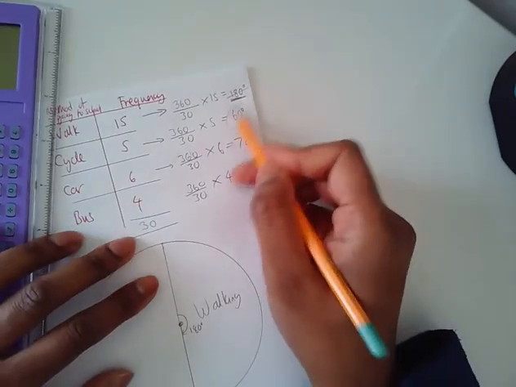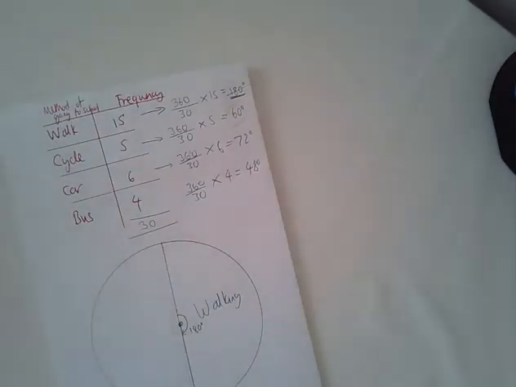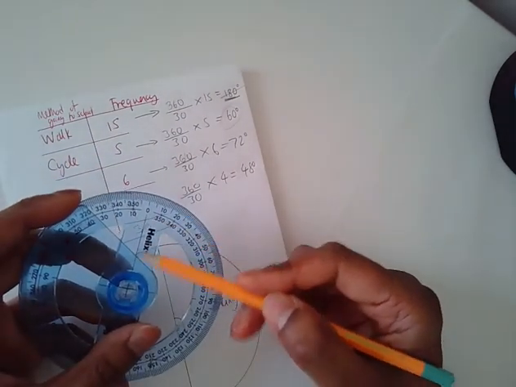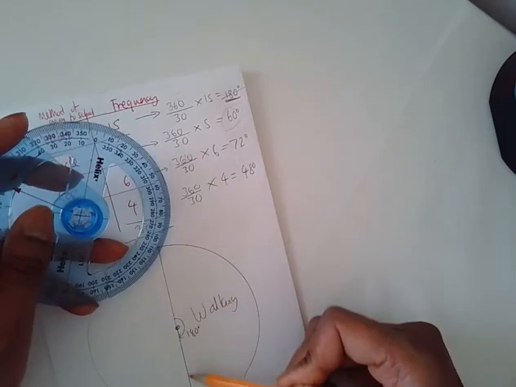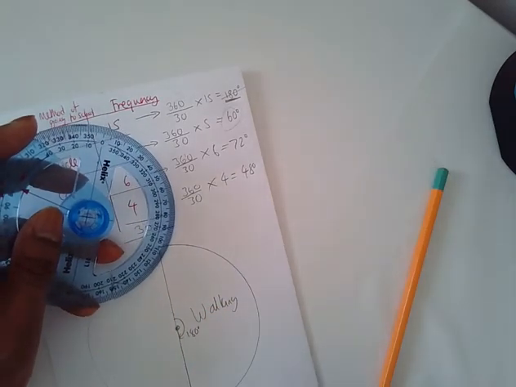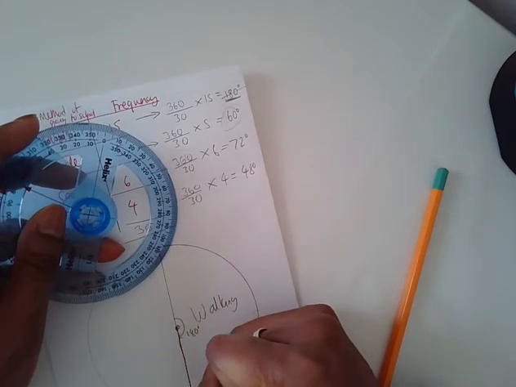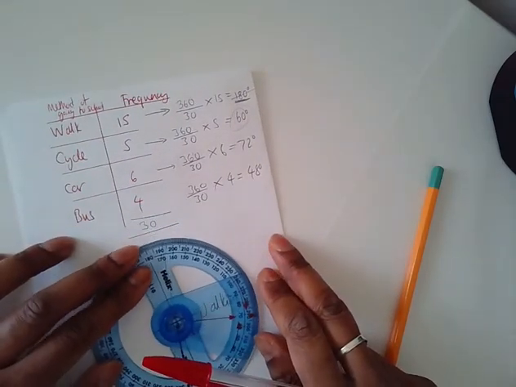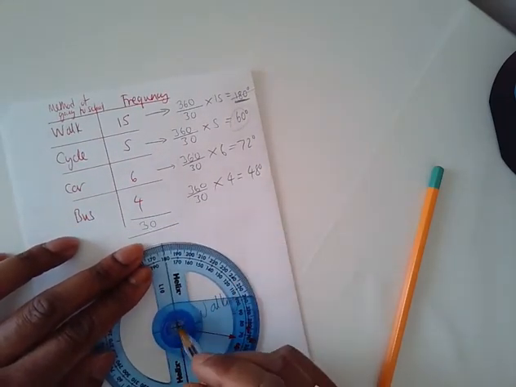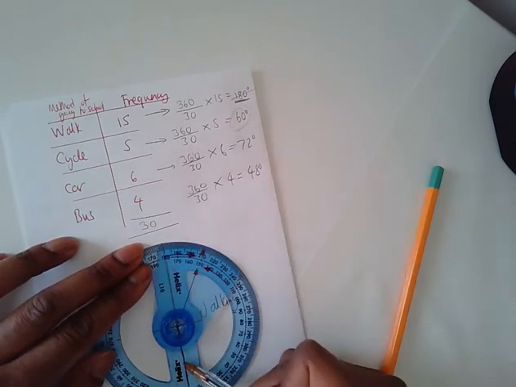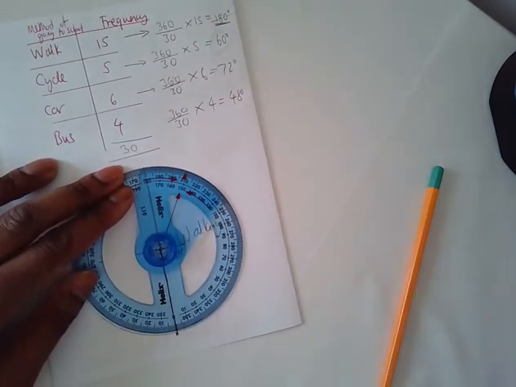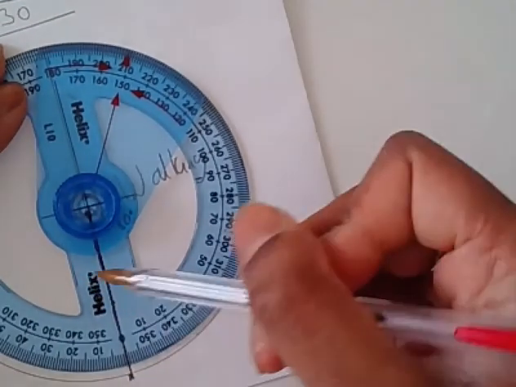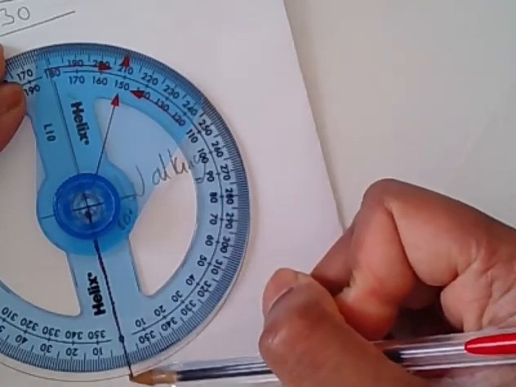Now we're going to do the 60 degrees. So for that to happen, you need to line up the 0 degree line with this new line that we've just created right here, didn't we? So put the center of the protractor back on the dot, and make sure the 0 degree is lined up with this new line that I've just created.